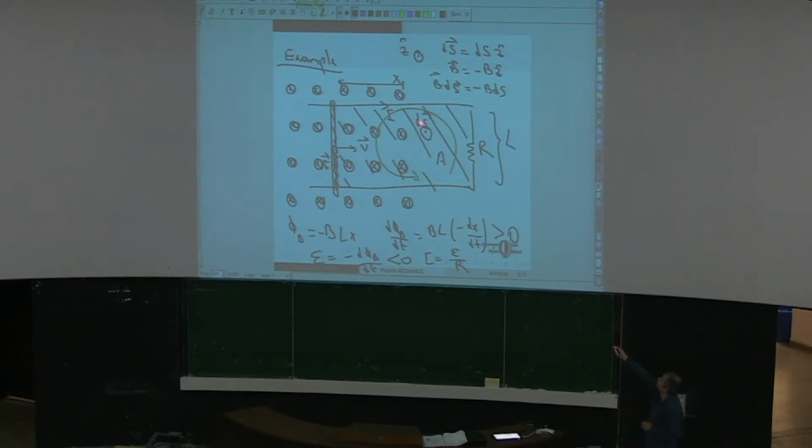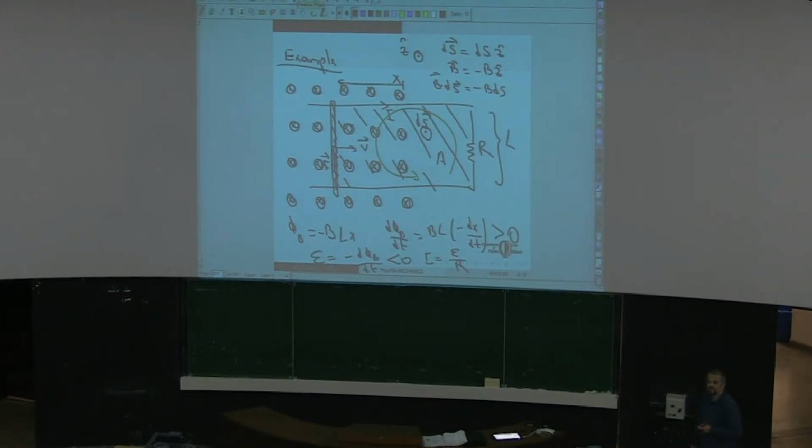Again, using just this sense. The change in the flux is positive. So the EMF will try to oppose it. How? Well, you can say that it will try to create a flux that is in the negative direction.